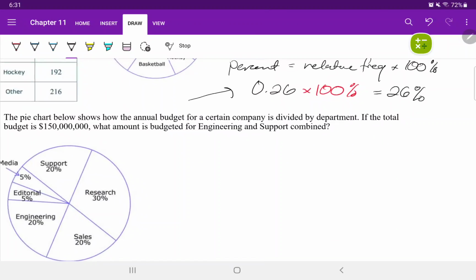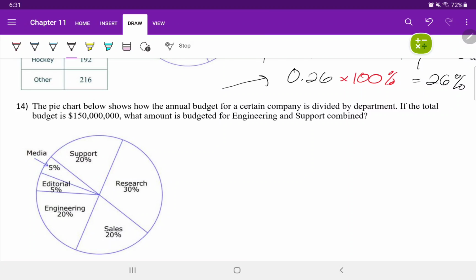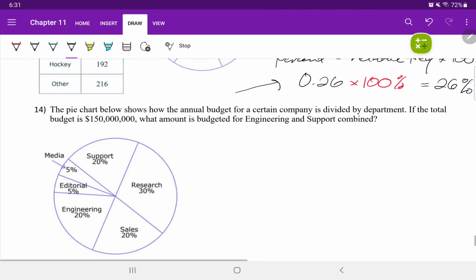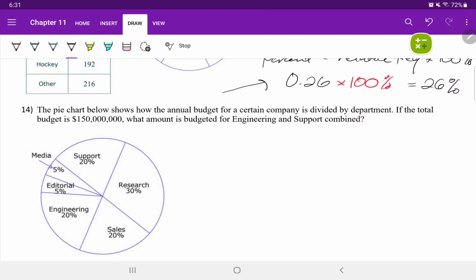The last one, number 14. But if you notice, this pie chart is in percentages, and that's why I kind of did the last one. It says the pie chart below shows how the annual budget for a certain company is divided by department. If the total cost of the budget is $150 million, what amount is the budget for engineering and support combined?